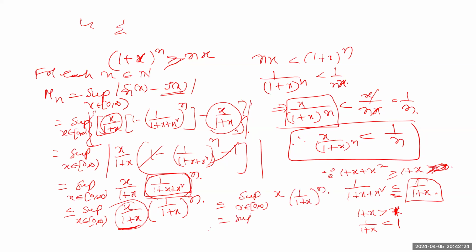That is the supremum of x over 1 plus x to the power of n, where x belongs to 0, comma infinity. Of course, 1 plus x is again 1 by n.